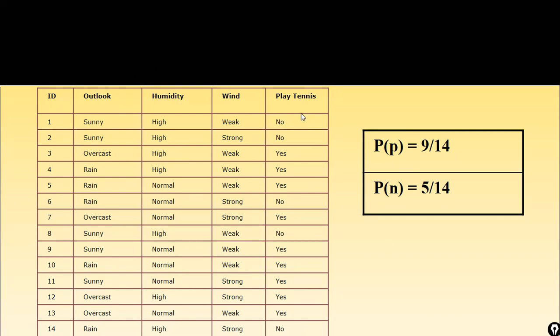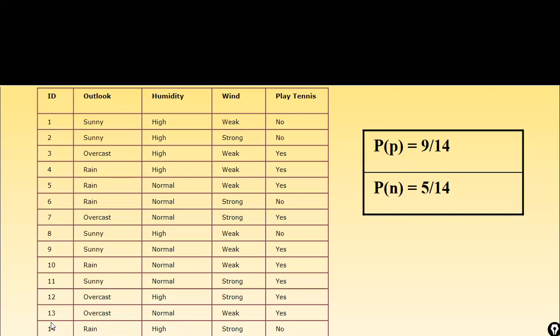And play tennis is my dependent variable. Here, a guy by the name of John played tennis with different possible combinations of these weathers. When the outlook was sunny and the humidity was high and the wind was weak, he did not play tennis. When the outlook was overcast and the humidity was high and the wind weak, he played tennis.